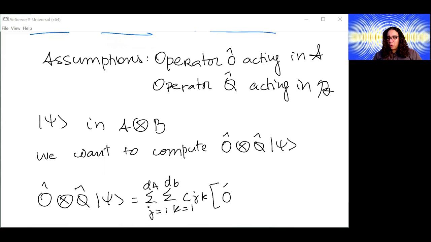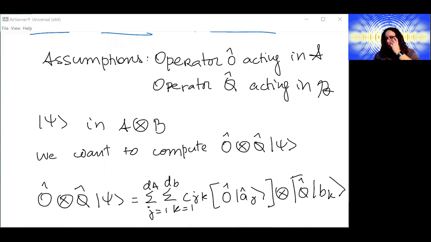Now we apply O to this one, and we apply Q to this one.